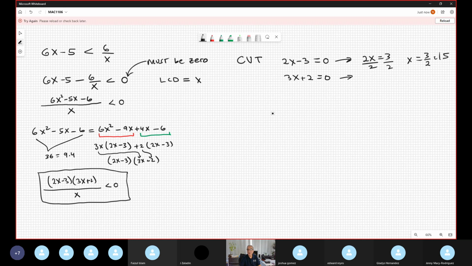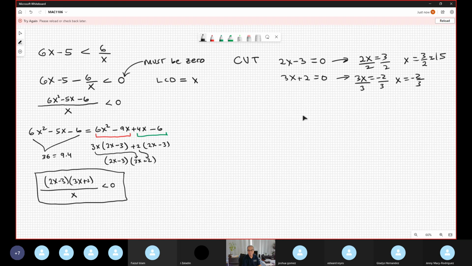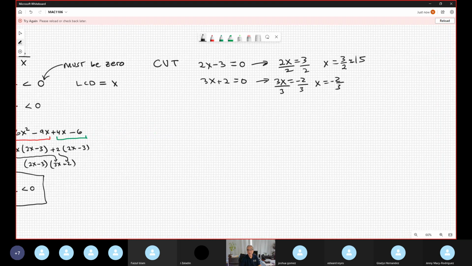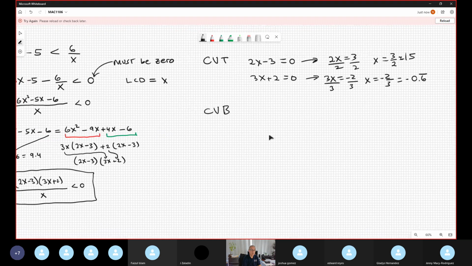That's good in decimal because when you are doing the graph, you see the position more clearly. And the second is 3x equals minus 2, so x equals minus 2/3, which in decimal is negative 0.6 repeated. And the critical value in the bottom: in the bottom we have just x, so x equals 0. Don't necessarily do anything else.